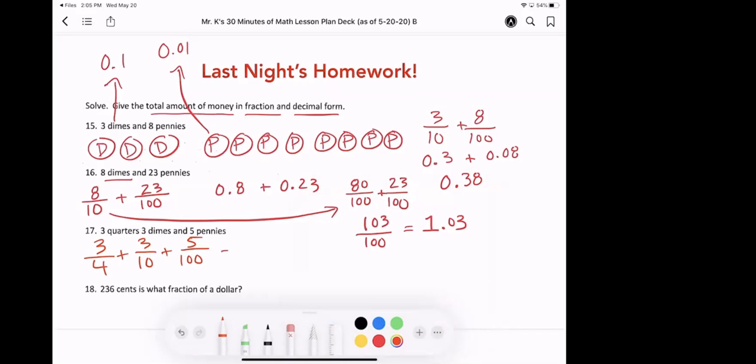So instead of 3/4, if we multiply our numerator and our denominator by 25, we would have 75 hundredths. Now that should make sense because how many cents is 3/4? 75 cents, 75 out of 100. We know that 3/10 is the same as 30 hundredths. And we don't have to change the pennies because they're already hundredths.